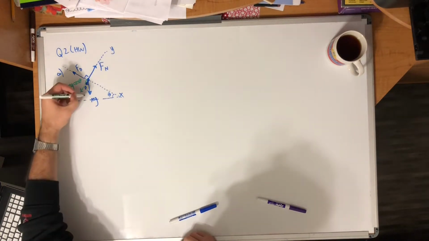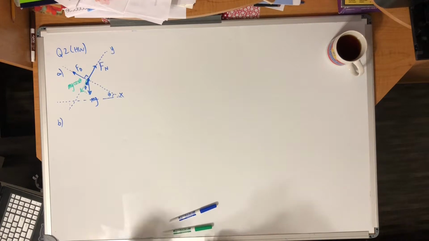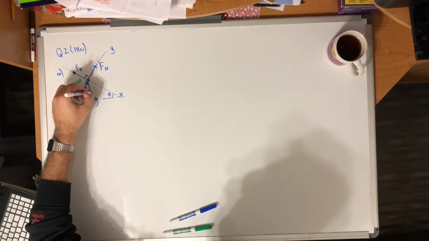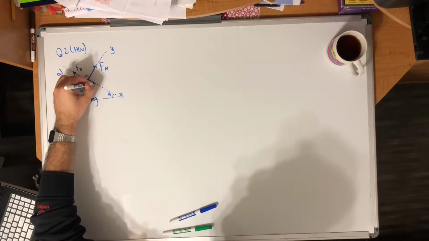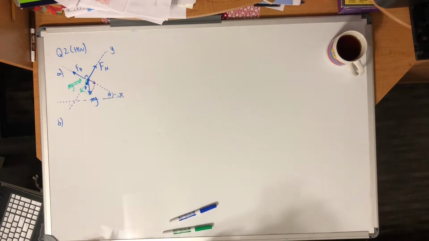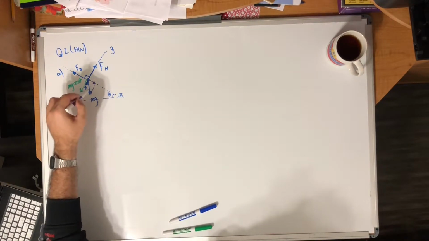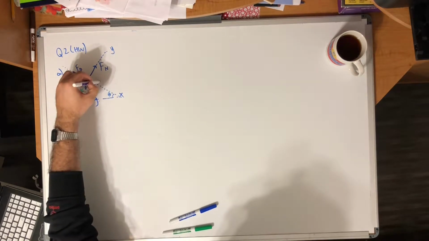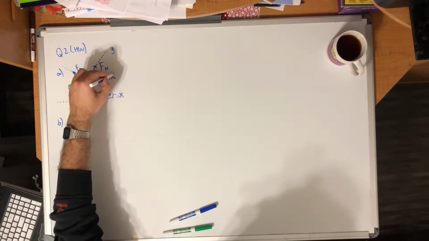And if you extend this, you will see that it's going there. Your x component for this vector is going to be right here, and this is the opposite of this guy. So mg is your hypotenuse, and then you have this theta, so it's going to be mg sine theta.